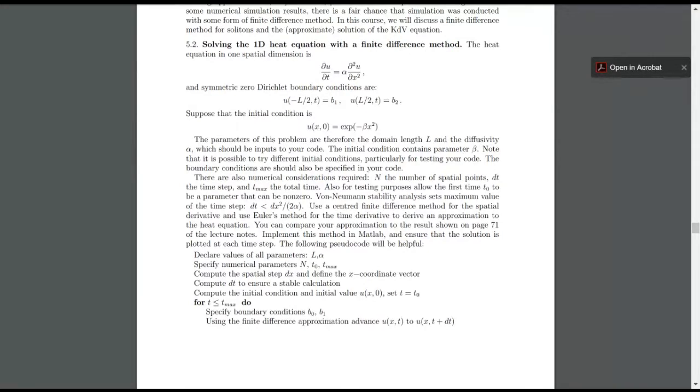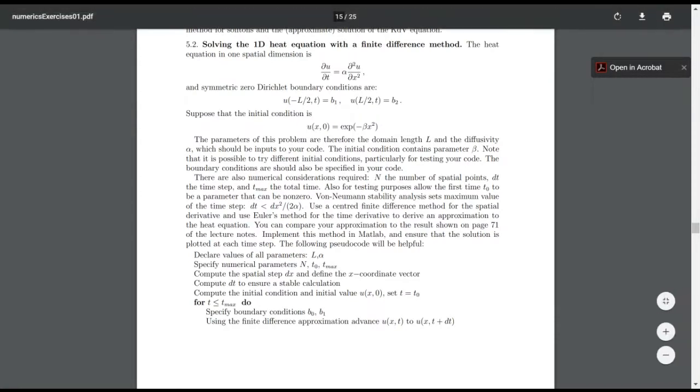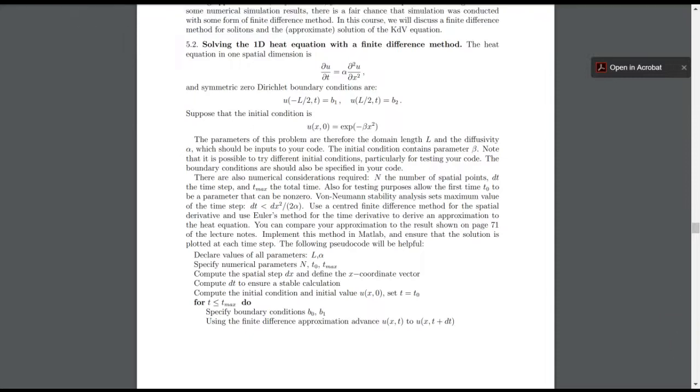I think it's probably also a good idea that you attempt a bit of the programming on your own as well. We're going to have to approximate the time derivative. I'm going to have to approximate a second order spatial derivative.